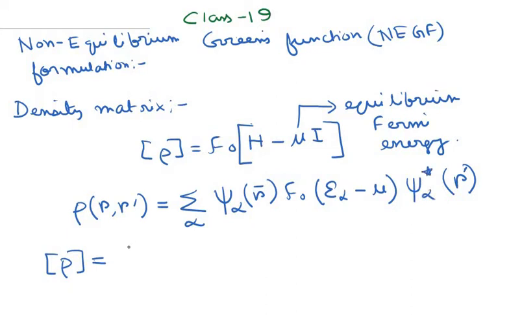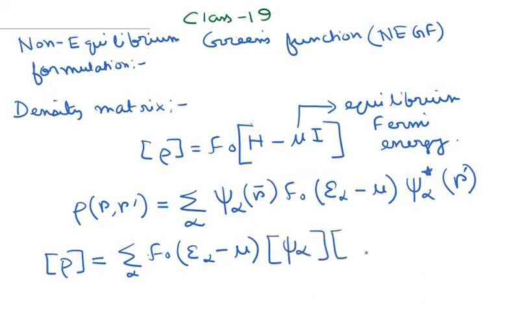Rho is equal to the summation over alpha of f0(epsilon alpha minus mu), and then the matrix psi alpha psi alpha dagger. This psi alpha is a column vector, and psi alpha dagger is a row vector.